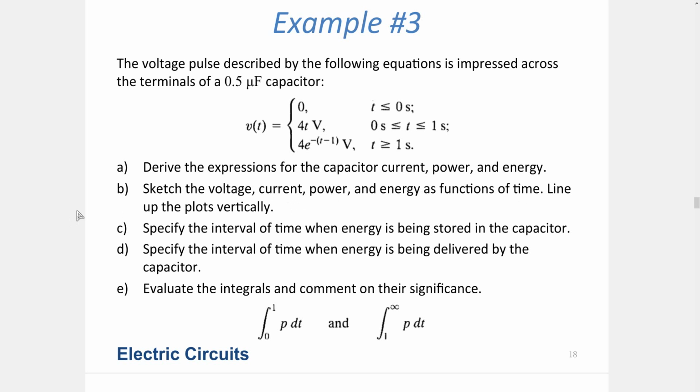And in part C, specify the interval of time when energy is being stored in the capacitor, and specify the interval of time when energy is being delivered by the capacitor. And in part E, evaluate the integrals and comment on their significance. Here these integrals are given as the integral from 0 to 1 of p dt and from 1 to infinity of p dt. So these actually correspond to energies. So let us solve this question.